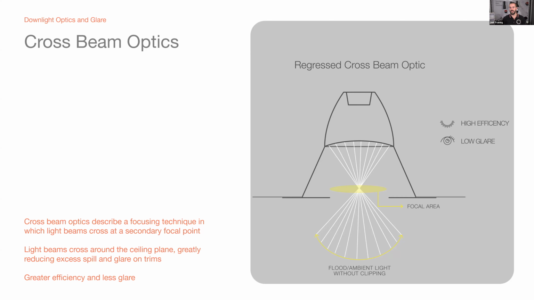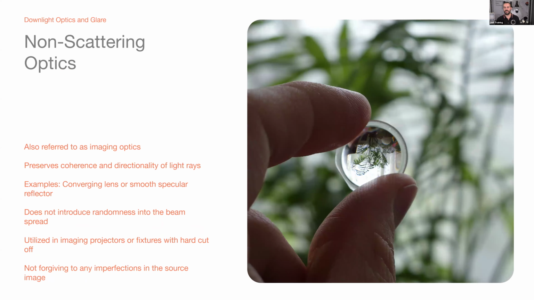So once again, this is a sort of a focusing technique and something that can be employed in different types of optical systems, but really effective for creating low glare downlights. That brings me to a last group of optics, which are classified as non-scattering optics, or also referred to as imaging optics. These might be familiar to you if anybody does photography.